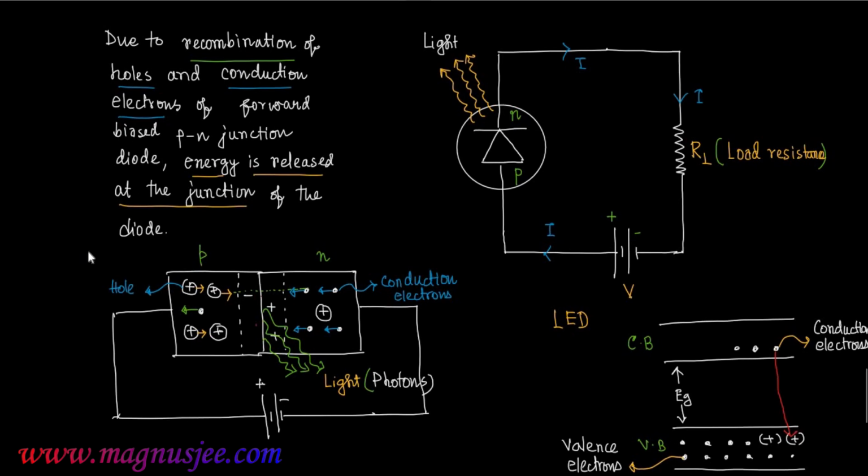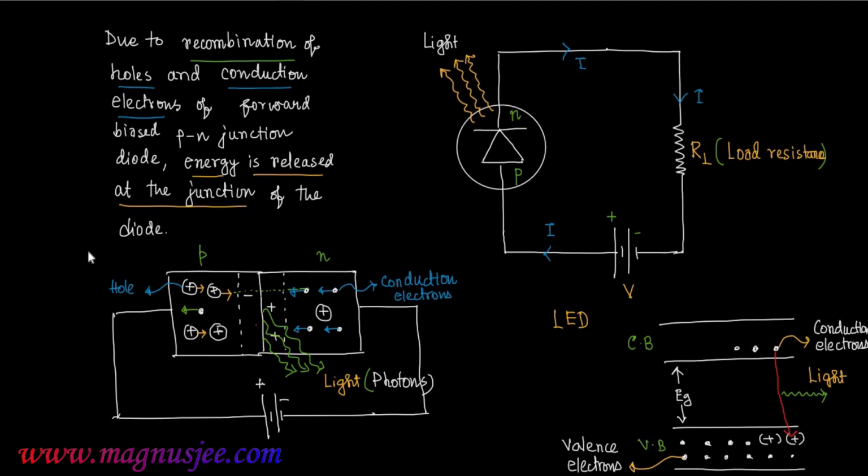And we know that conduction electrons are traveling from a higher energy level to a lower energy level. As a result, according to Bohr's theory, if conduction electrons jump from the conduction band to the valence band, what is emitted? Obviously, light is emitted. Photons are emitted.